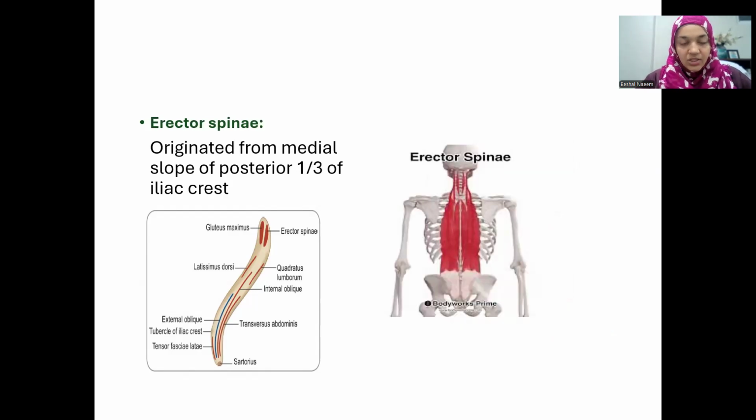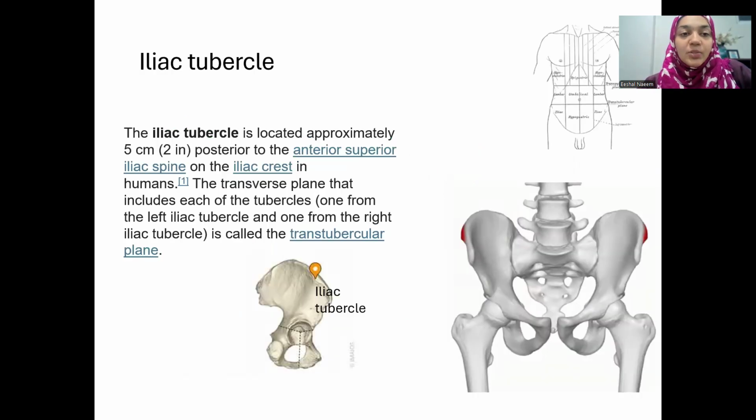Now we have another origin, that of the erector spinae. The erector spinae were the iliocostalis, the longissimus, and the spinalis muscles of the back. And they originate from the medial slope of the posterior one third of the iliac crest. So it's somewhere here, but it's not shown on this bone.